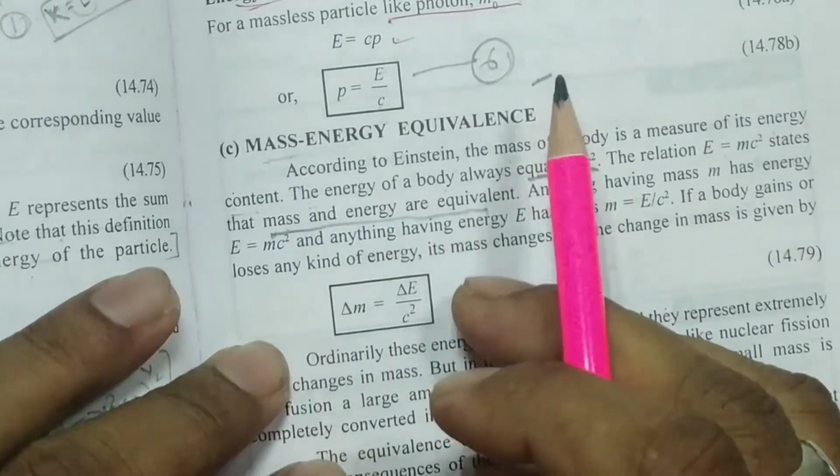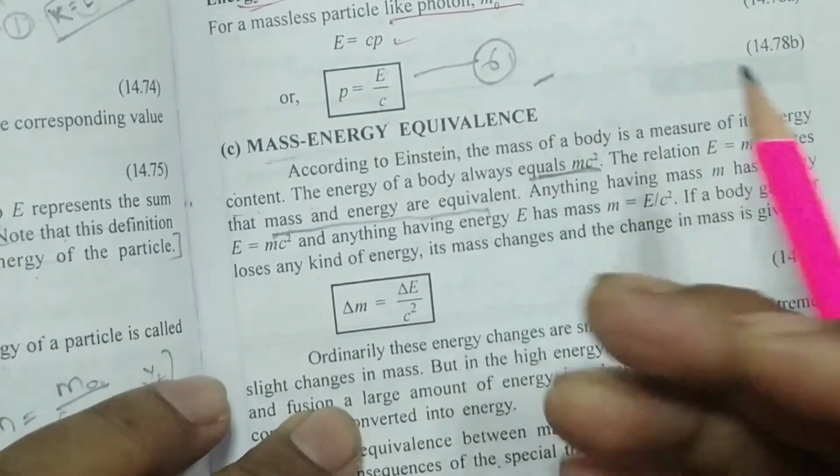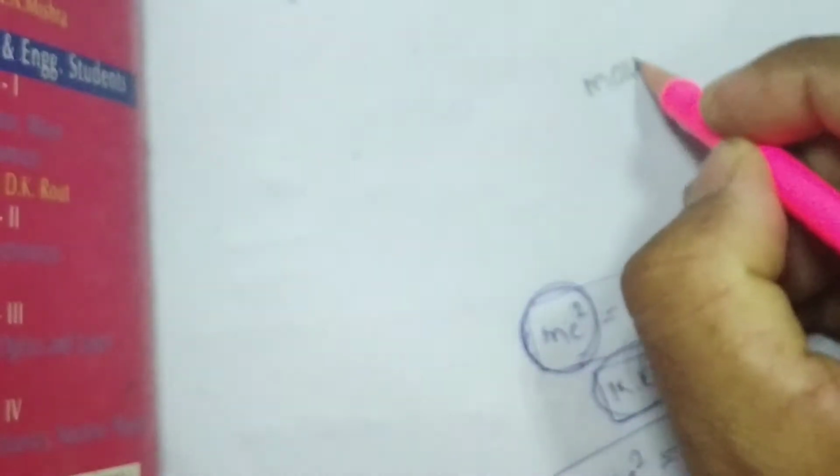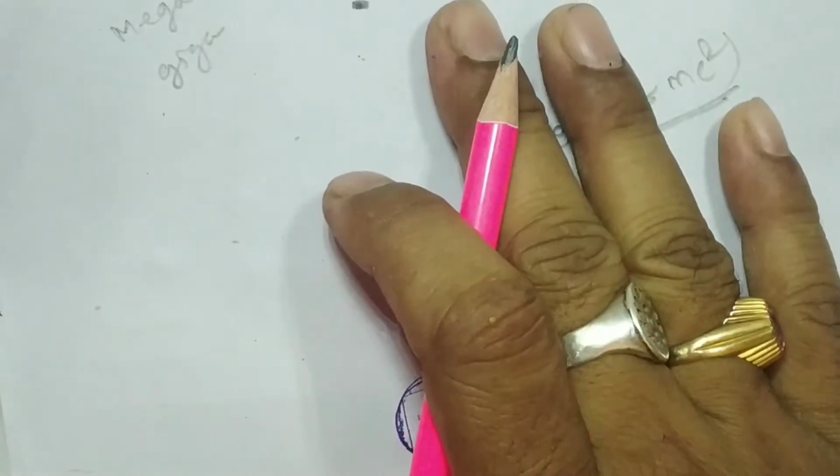That means whenever we say mass, we are implicitly saying that it is energy. Whenever we write mass, in brackets I can write energy equal to mc square. Suppose mass m, energy equal to mc square. If I write in this way, there is no mistake according to Einstein.